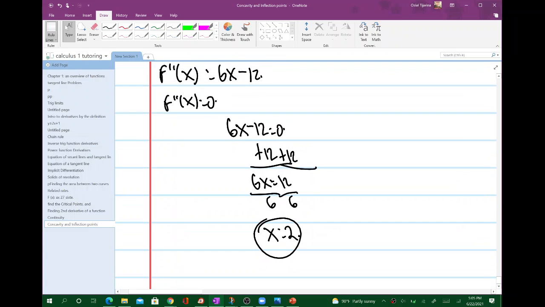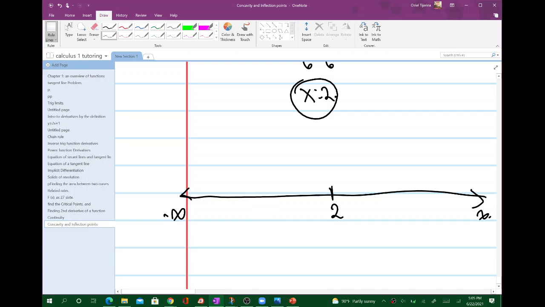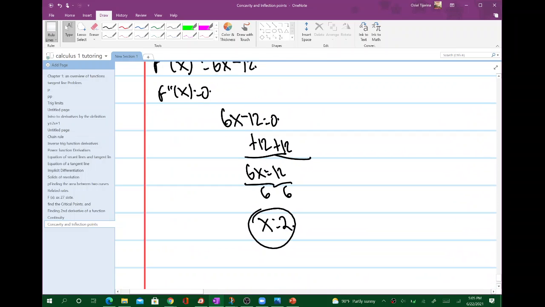And so basically, we're going to go from negative infinity to 2, and then 2 to infinity, right? So we're going to test an x value at which it is concave down.